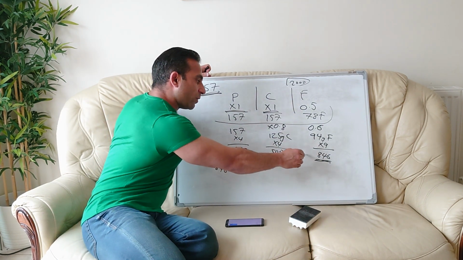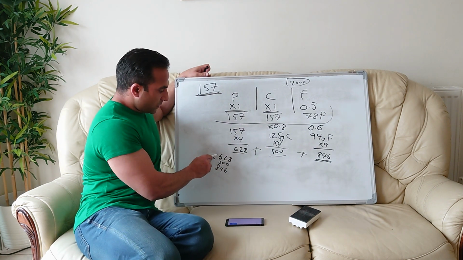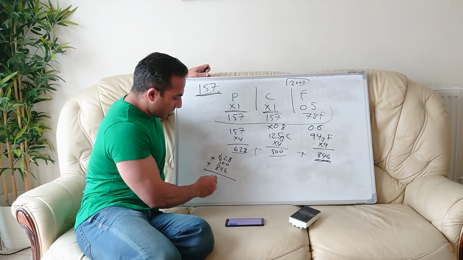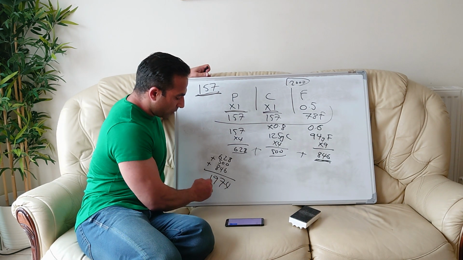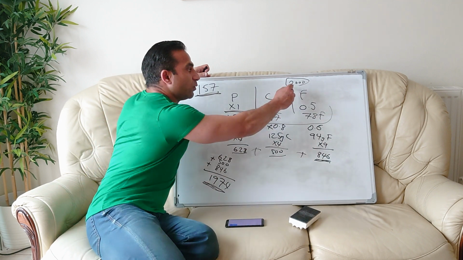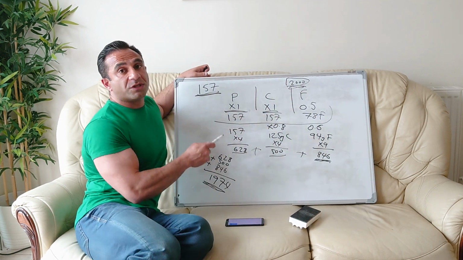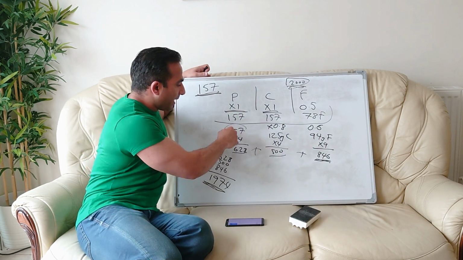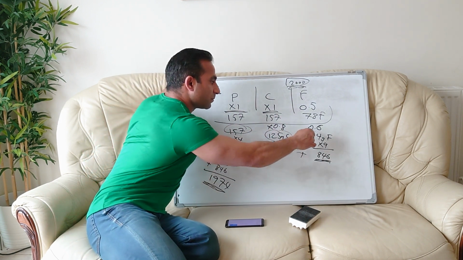If I add all those up, 628 plus 500 plus 846, that gives me 1,974 calories. So that is very close to the 2,000 figure that I mentioned initially. So there we have it. We've got our calories and we've got our macro split.